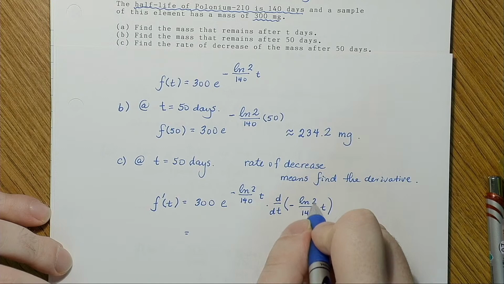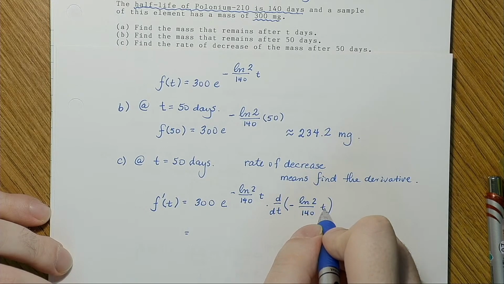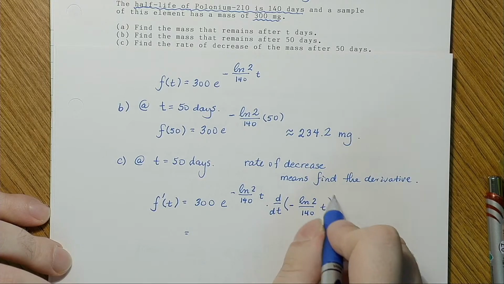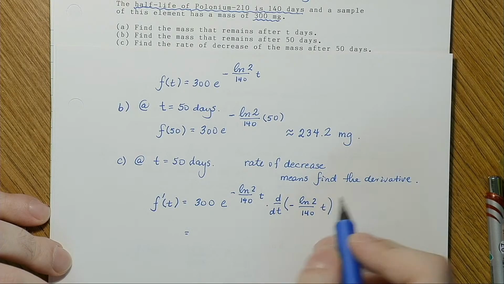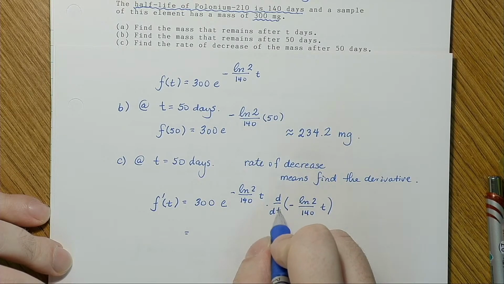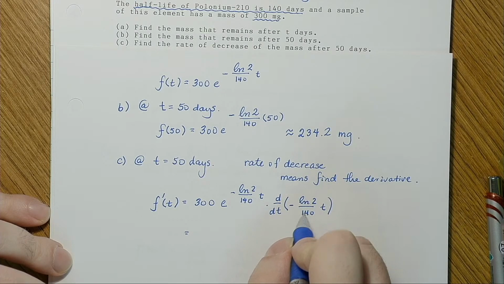And again, this ln 2 over 140 is a constant, and I just have to take it with respect to t. So t, we only have 1 to the degree 1, so that just means my derivative is negative ln 2 over 140.